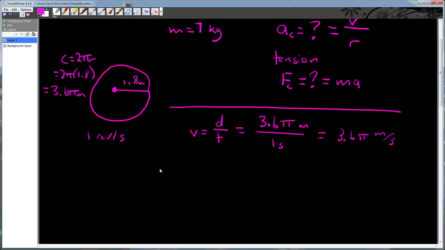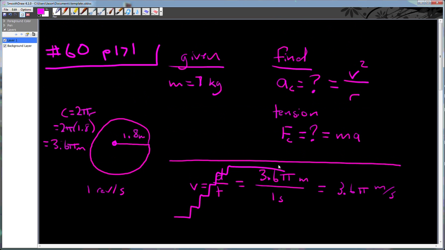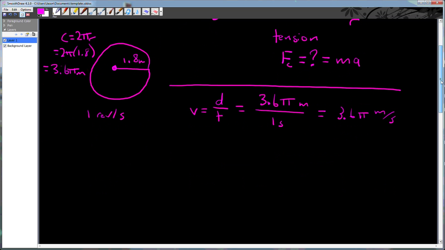So our next formula. So again, our centripetal acceleration is equal to velocity squared divided by the radius.